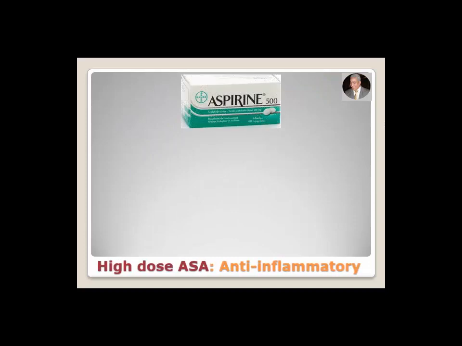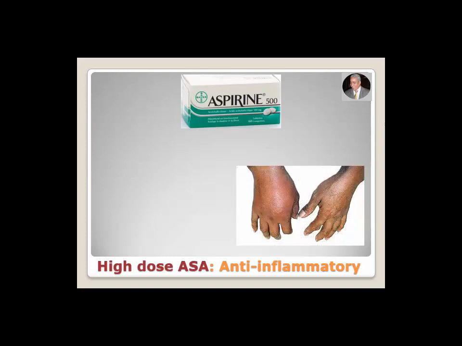High doses of acetyl salicylic acid, e.g. 500 to 1000 mg 4 times daily, act as anti-inflammatory. The 5 cardinal features of inflammation are redness, hotness, swelling, tenderness, and loss of function.